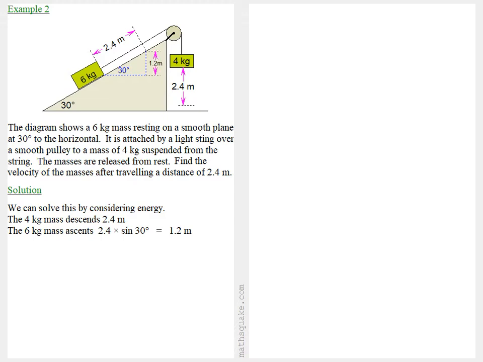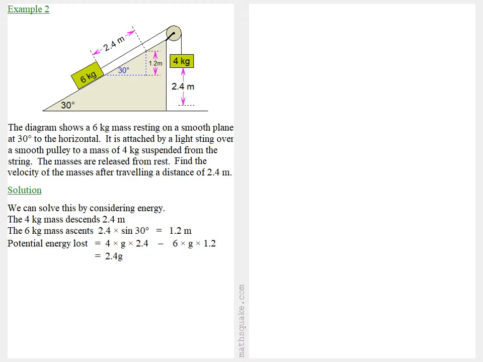So the total energy lost is the energy that the 4 kilogram mass loses minus the energy that the 6 kilogram mass gains. So the potential energy lost is 4 times g times 2.4 minus 6 times g times 1.2, which works out to be 2.4g.